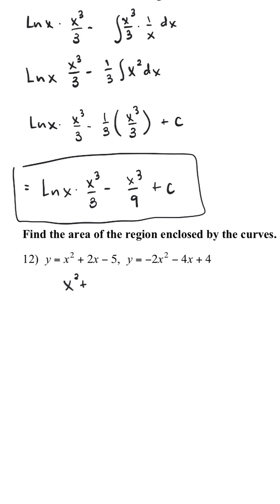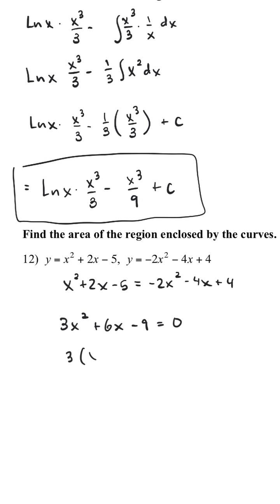So x squared is equal to the other one. Okay, and then getting one side equal to 0, I'm going to go ahead and move all these terms over to here. So add the 2x squared to get 3x squared. Add the negative 4x over, and then subtract the 4 from the negative 5 to get negative 9.